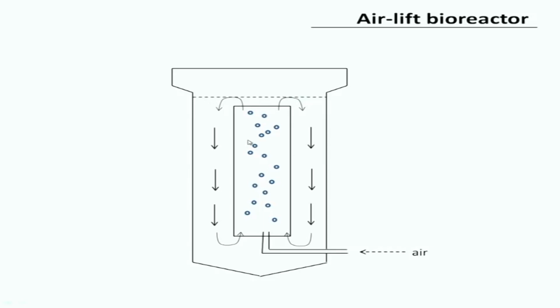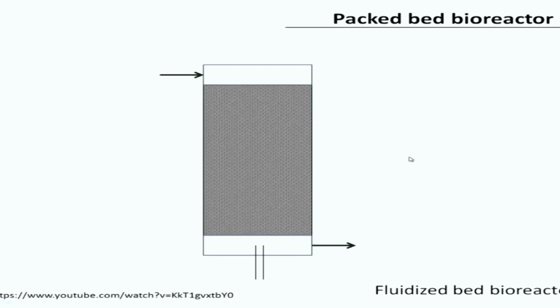This has some advantages over the stirred tank bioreactor and some disadvantages. We will probably look at some of them in passing after we know something more about bioreactors. The third kind that I would like to present to you is something called a packed bed bioreactor.